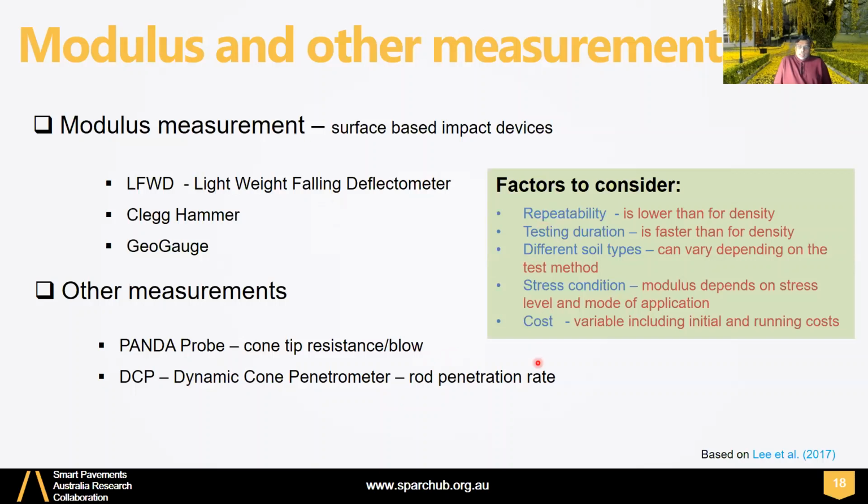So some typical things to consider here: repeatability wise, these measurements are generally lower than for density. However, density is not very sensitive and values are very close to each other, whereas modulus varies quite a lot. So that may be some advantage as well, just like it can be a disadvantage. Testing duration is faster than for density, so you can do the testing quite fast and move on with the results. For different soil types, these techniques can differ in their application.